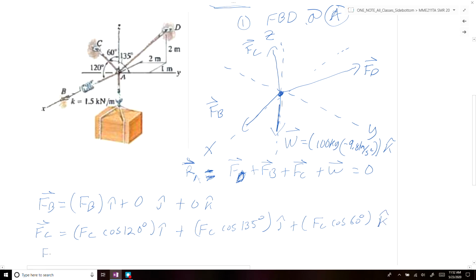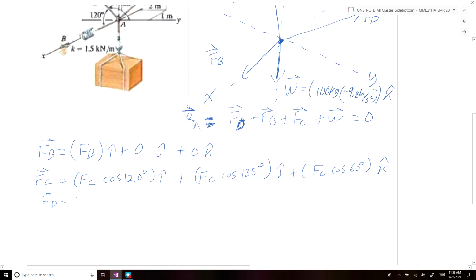And then the last thing we have is FD is equal to FD times the unit vector from point A to point D. So you have FD is going to be equal to rAD, so that's going to be equal to rD minus rA over the magnitude of rD minus rA.